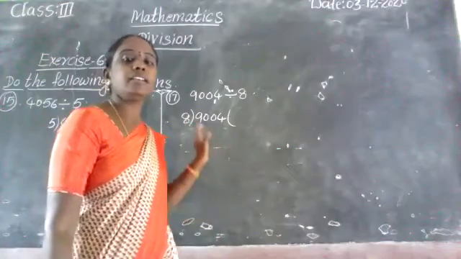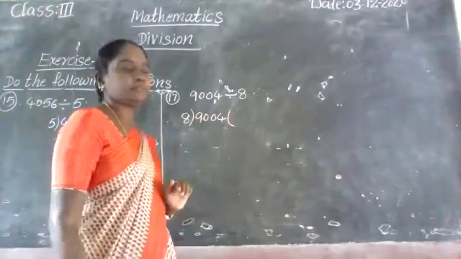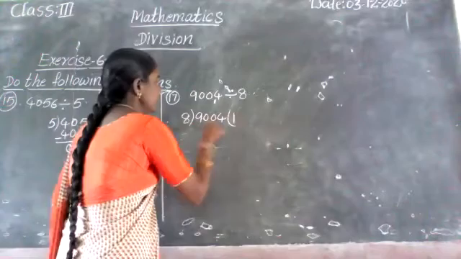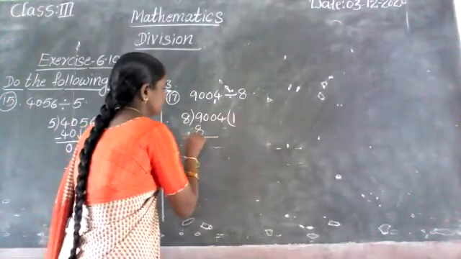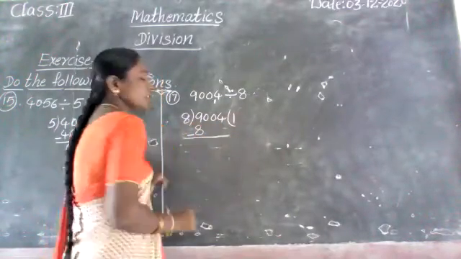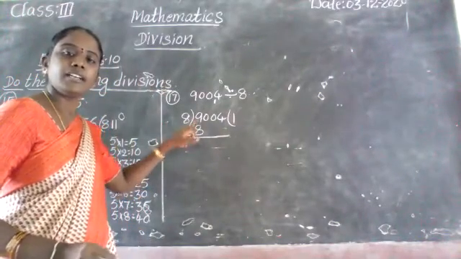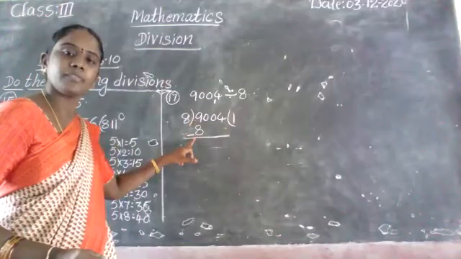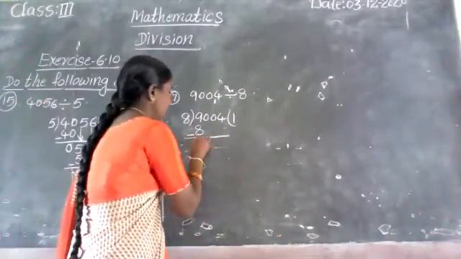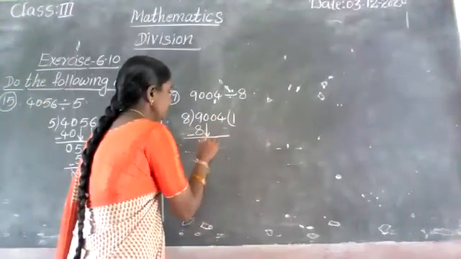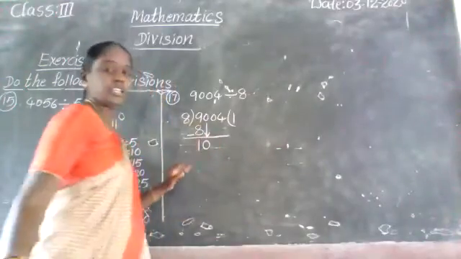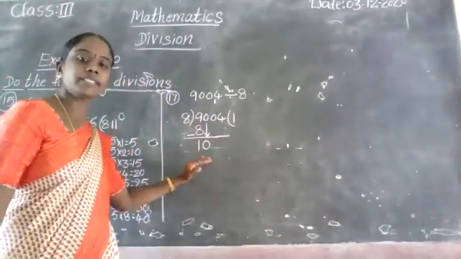Yes, very good. 8 ones are 8. Now 9 minus 8 is 1. Very good. Take the next number 0. Now the number is 10.